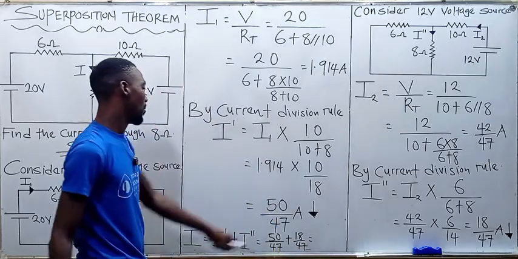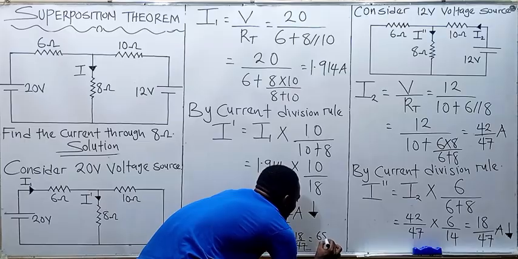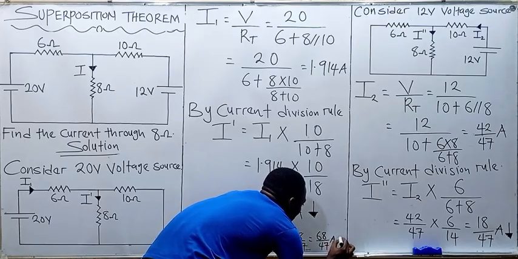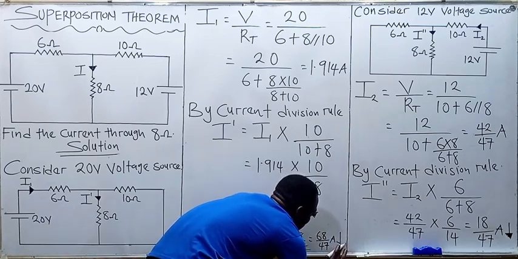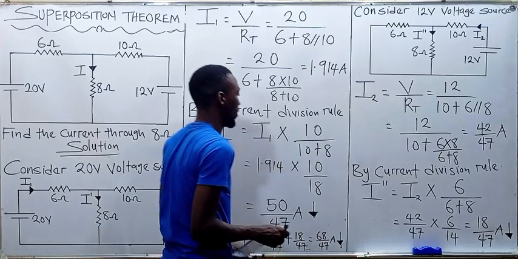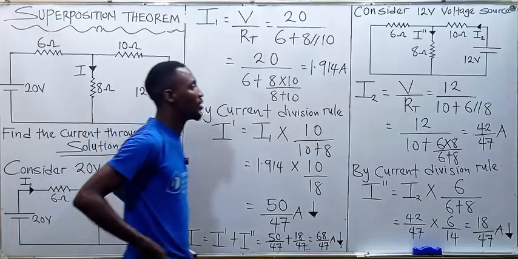And then 50 plus 18 is 68. So our answer becomes 68 all over 47 ampere, and the direction is downward. All right. So this is the concept of superposition theorem.